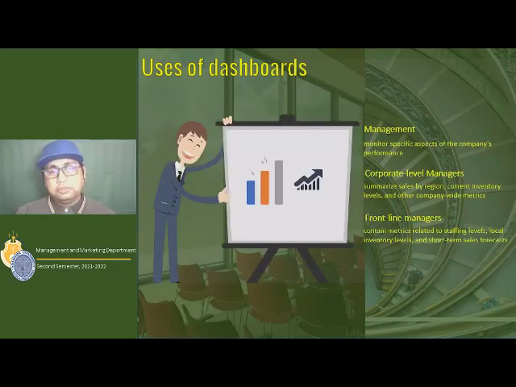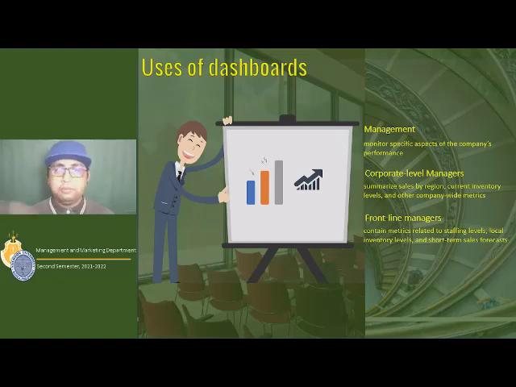The use of dashboards nowadays for most organizations, especially for management, really helps monitor specific aspects of the company's performance as to KPIs and KPMs. These KPIs and KPMs are related to the organization's ability to make decisions.